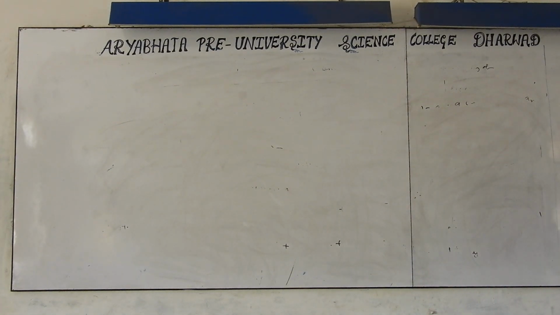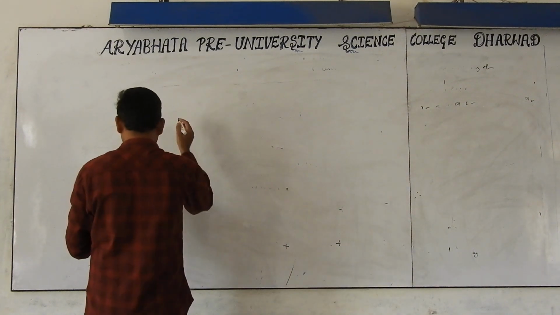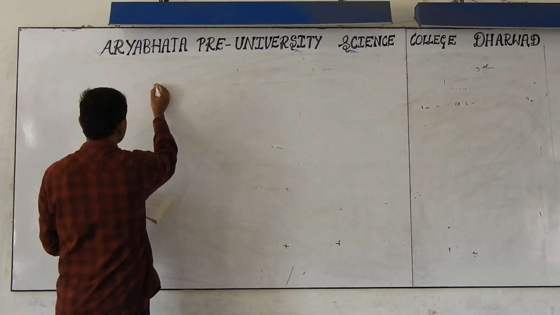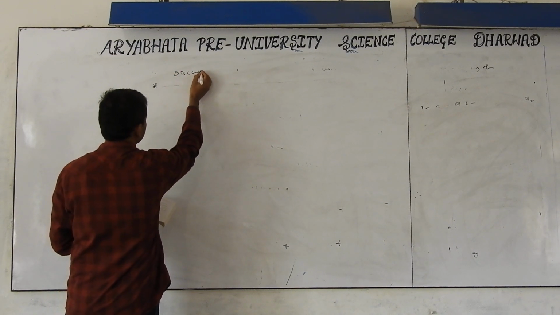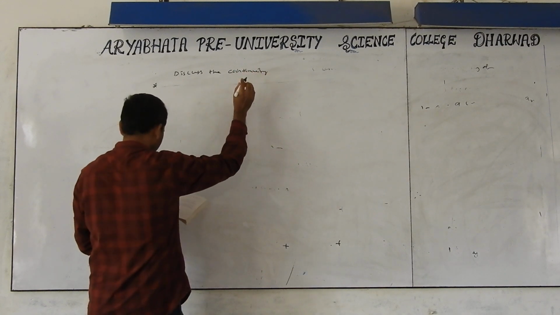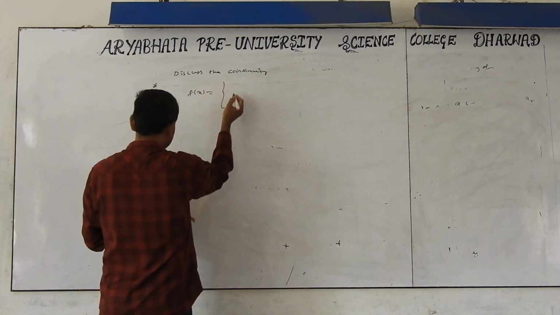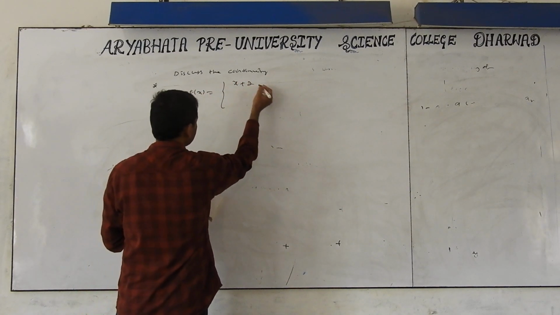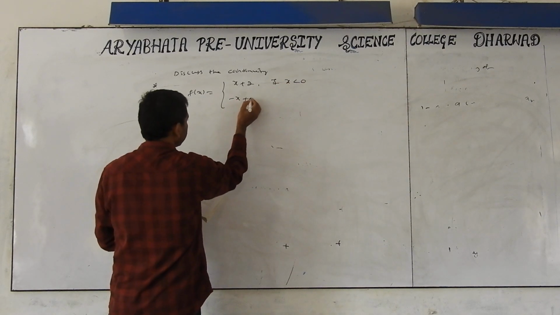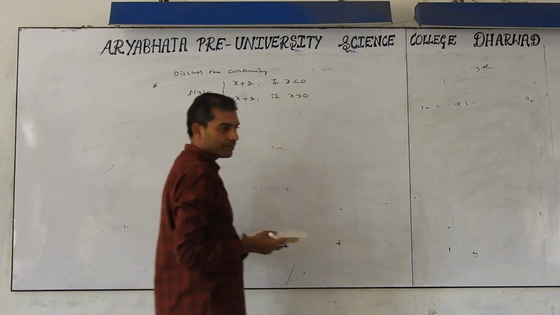One more question. Discuss the continuity of the function defined by f of x equals x plus 2 if x is less than 0, and minus x plus 2 if x is greater than 0.